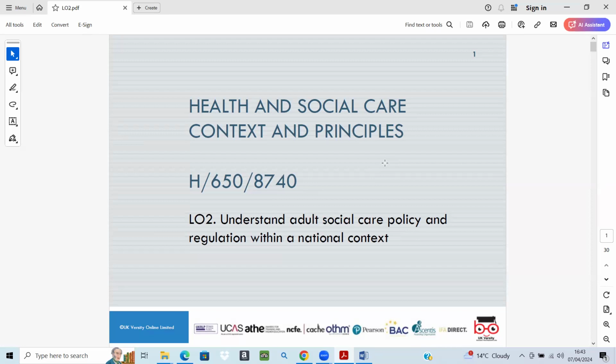Today there were a lot of slides on this unit, so that's why we took extra minutes. I'm really sorry for that. I took extra time from you all, but these were important topics. I need to explain to you how we work in the health and social care context and principles.